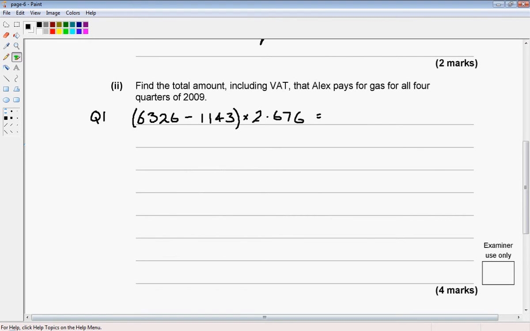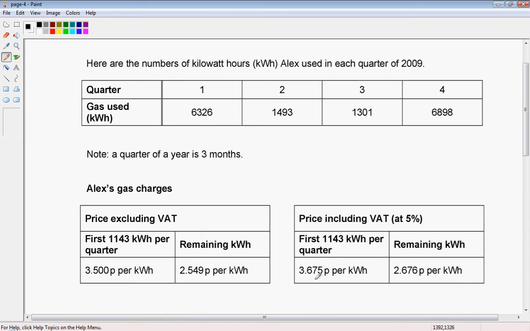So if we go back to the resource sheet, here we can see for the first 1143 units he pays this. The remaining units he pays less. He pays 2.676 pence per kilowatt hour.